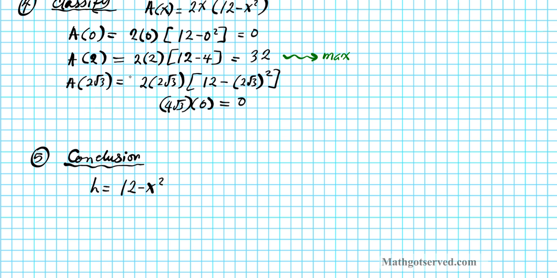So if x is 2, we're just going to plug in that x value into the function. So the height is going to be 12 minus 2 squared, which is 12 minus 4, and the answer is 8. And then the width is 2x. We know x is 2, so we have 2 times 2, which is equal to 4.